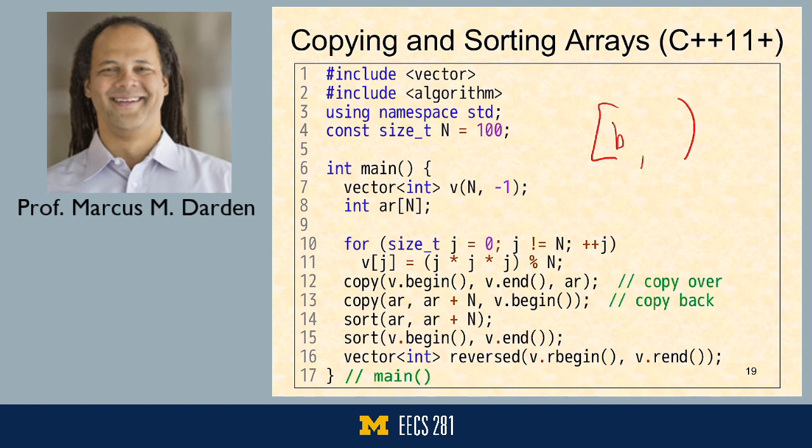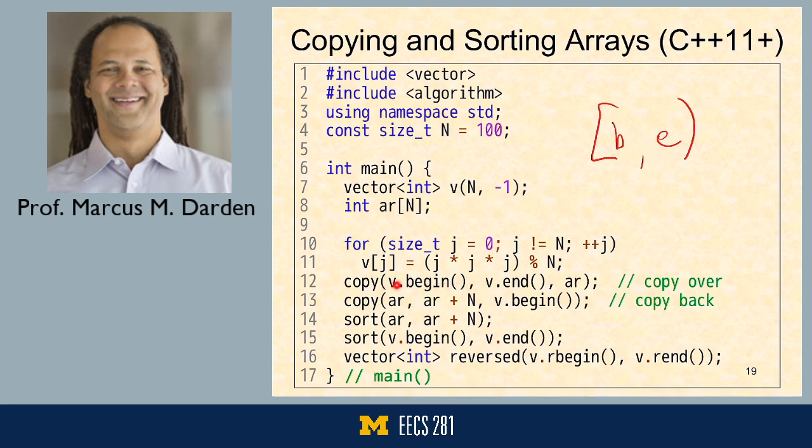So begin here, end there. That means B is in the data set and E is the location that never really gets included. So it's just before that. So I always say that v.end is always pointing just past good data. If that's the case, then all of the data is somewhere between B and E, or begin and end.